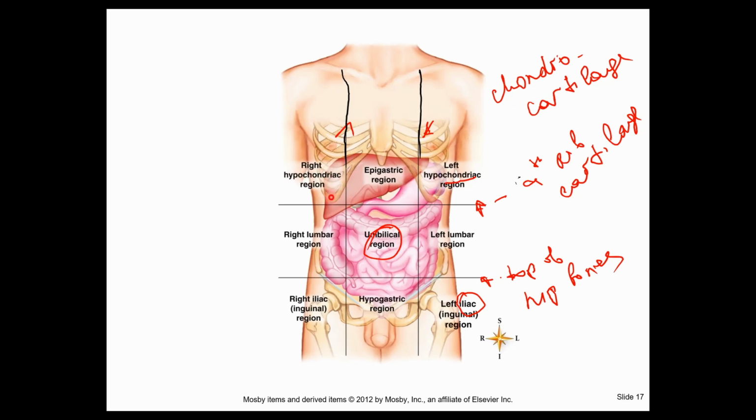Well, we know that ribs 8 through 10 share the cartilage of the 7th rib. So all this area is below these cartilages that join the ribs from 7th through 10th to the sternum.